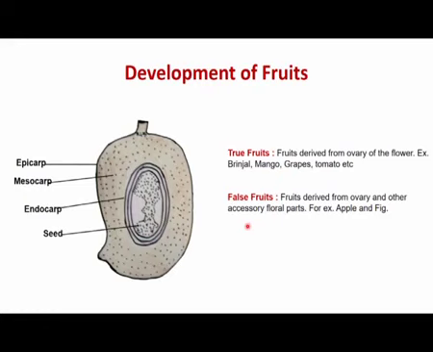As soon as pollination happens and a seed is formed, fruit development starts. After receiving these stimuli, the ovules inside the ovary are transformed into the seed, and the wall of the ovary is transformed into the pericarp.